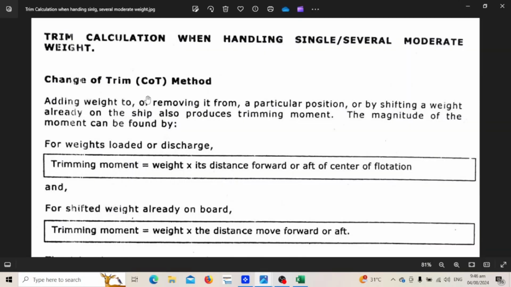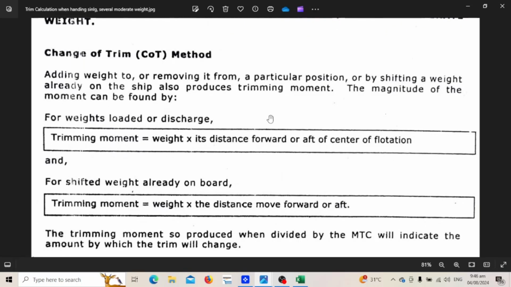Now, it says here trim calculation when handling single or several moderate weights. So, change of trim, or COT method. You add weight or remove it, or remove weight from a particular position, or shift a weight already on the ship, and this also produces a trimming moment.